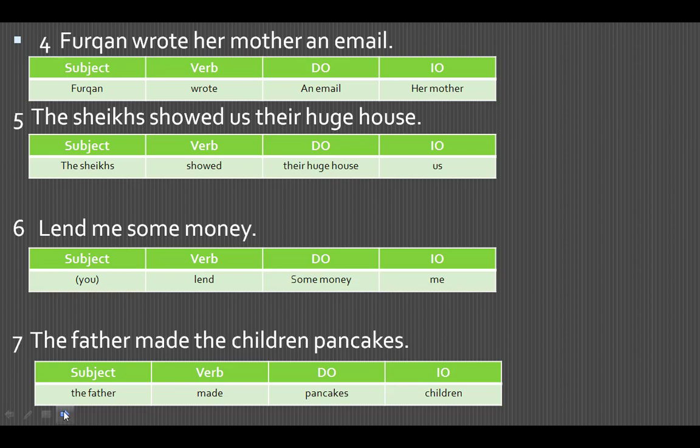Our sixth sentence is: lend me some money. In this sentence, the subject is you, the verb is lend, the direct object is some money, and the indirect object is me.